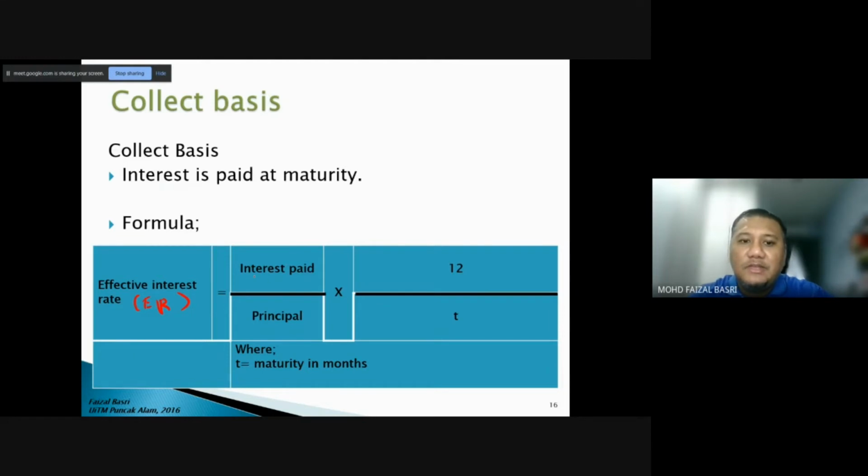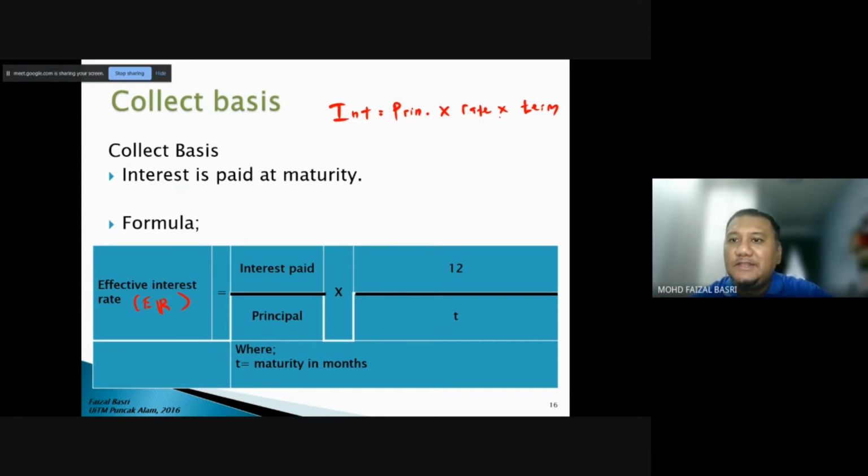This is based on interest payment. For those who don't know how to calculate interest, the formula of interest is principal multiplied with interest rate multiplied with the term. How long it will mature.